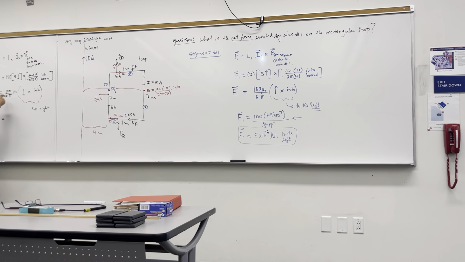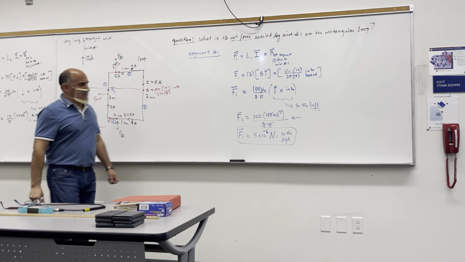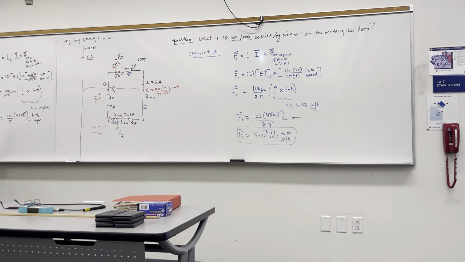And 100 divided by 10 is going to be 10 divided by pi. Mu naught is 4 pi times 10 to the minus 7, right? And this is to the right. So the pi's cancel. 4 times 10 is 40. 40 times 10 to the minus 7 will be 4 times 10 to the minus 6 newtons to the right.